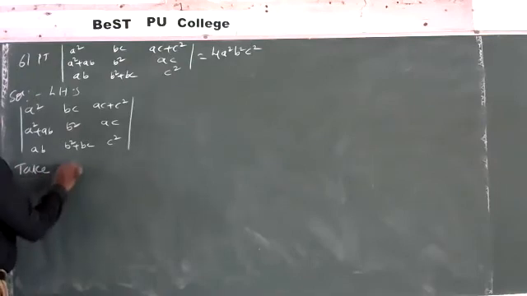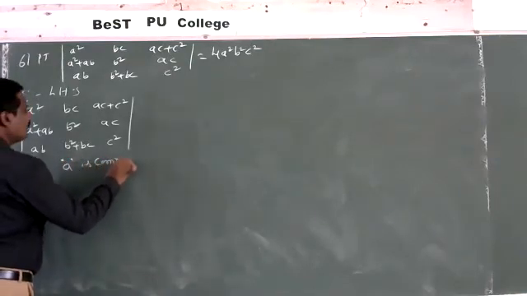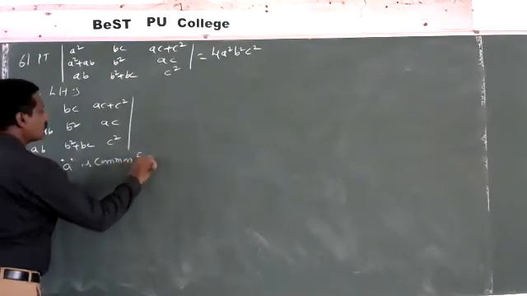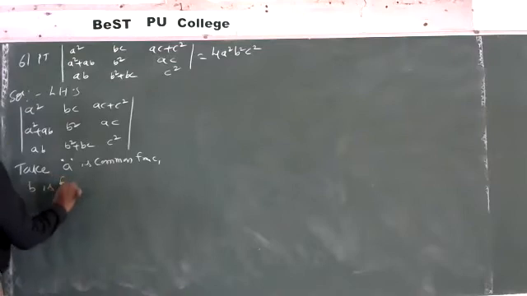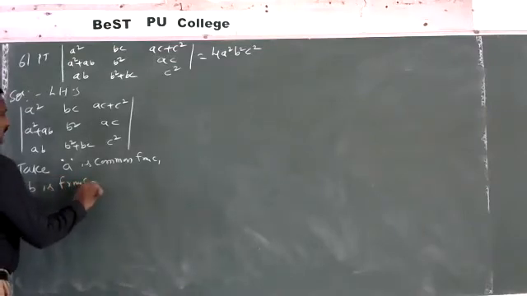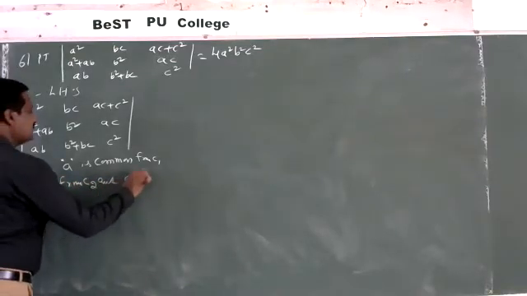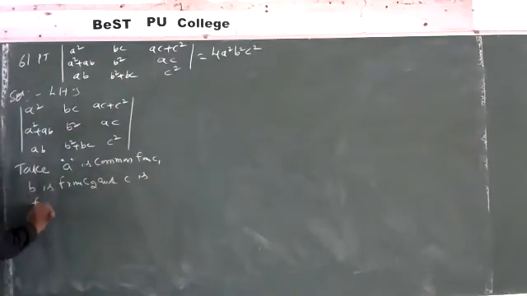Take A common from C1, B from C2 and C from C3.